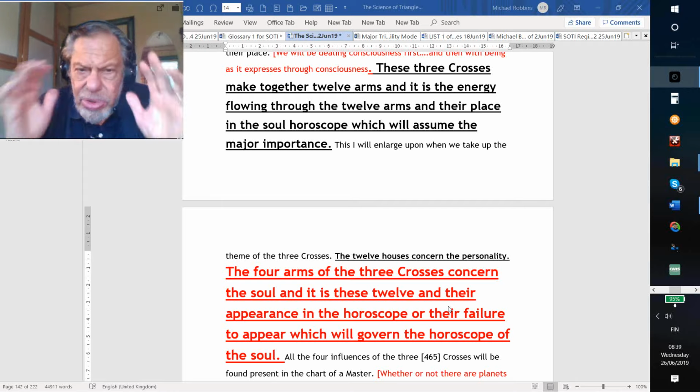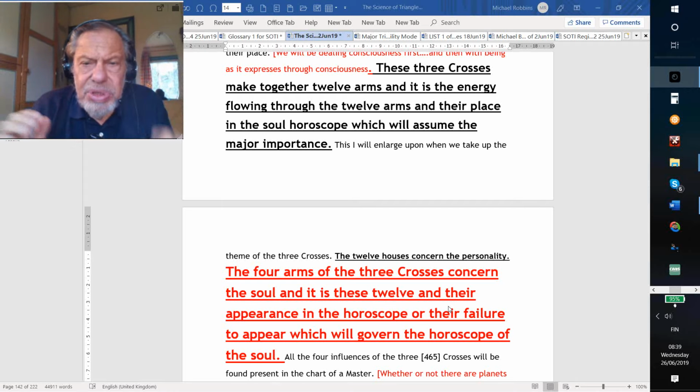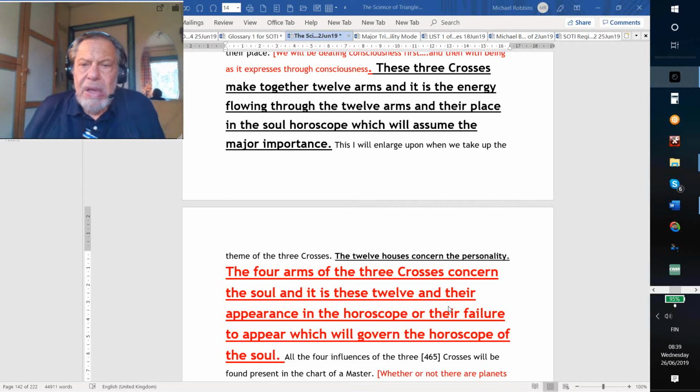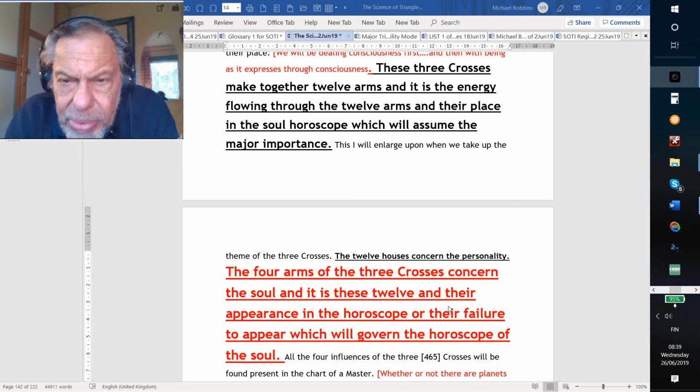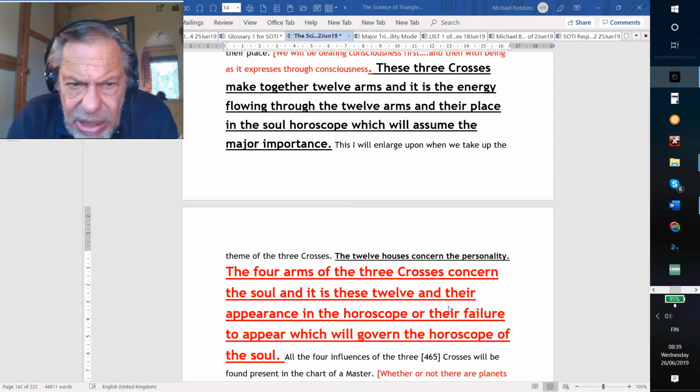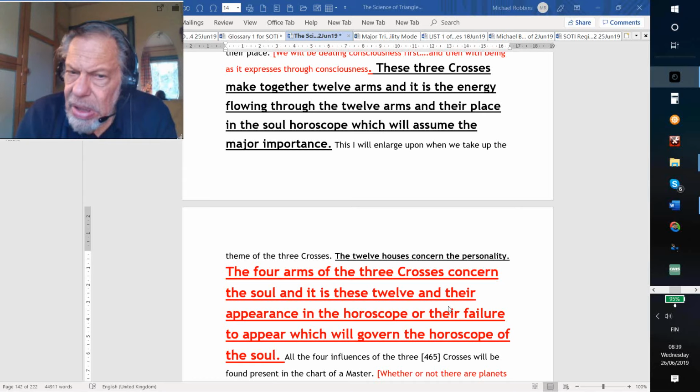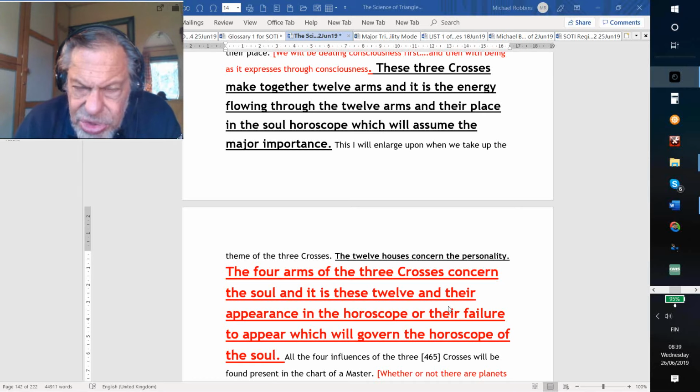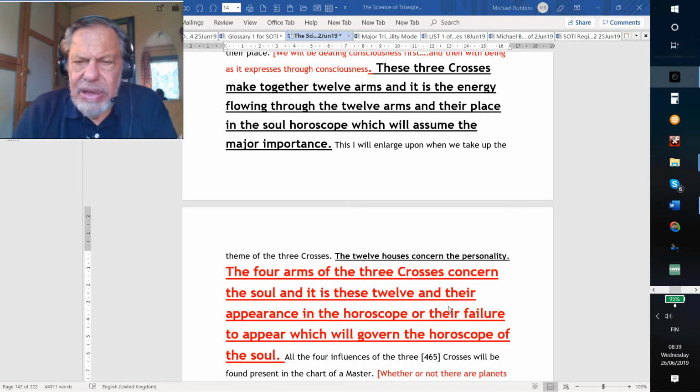So, the soul horoscope, he sounds the need for that. This, he says, I will enlarge upon when we take up the theme of the 3 crosses, and we're probably going to do that. The 12 houses concern the personality, and now think about that.